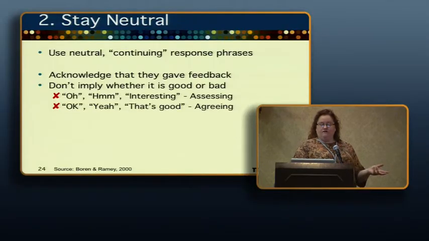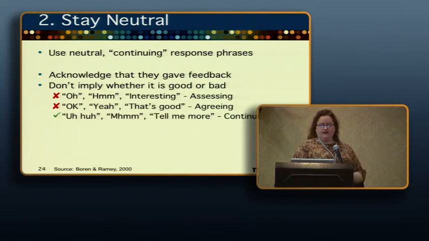Or the positive, okay, yeah, that's good. All of those things, you're giving them the affirmative, so maybe they'll continue to give you feedback in that direction. It's much better to say neutral phrases like, tell me more, continue, things like that. It can be challenging to do, but with practice you can do it.